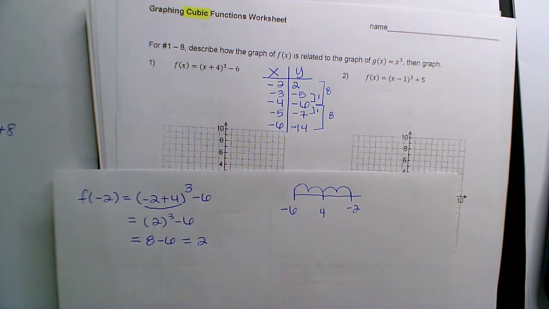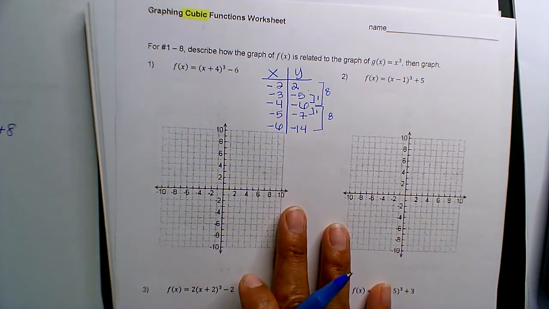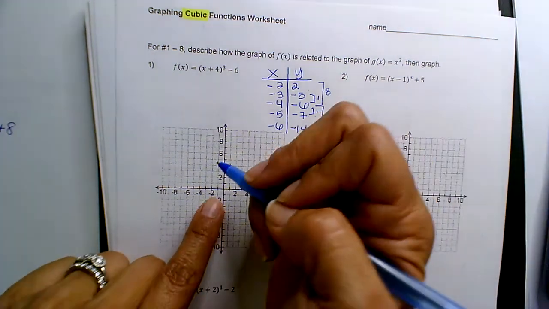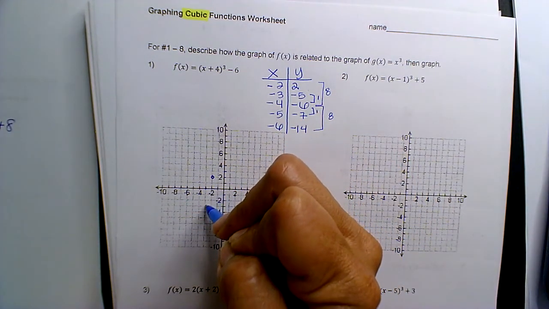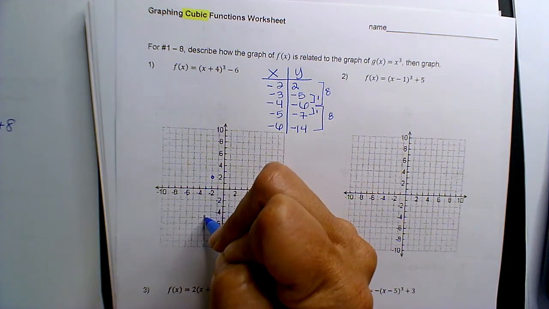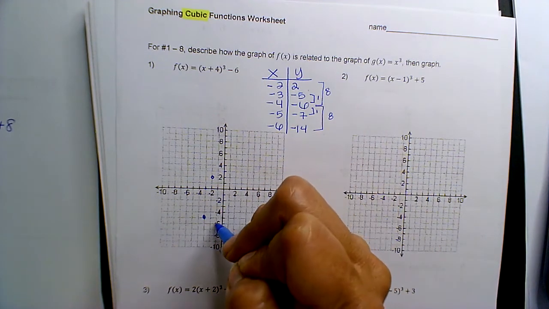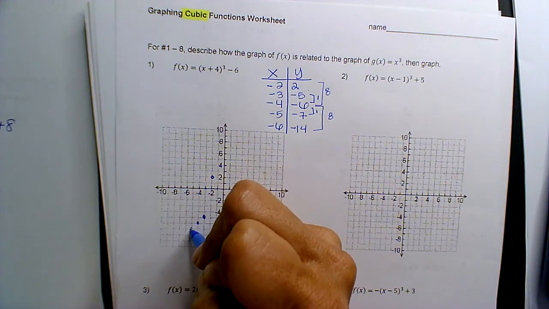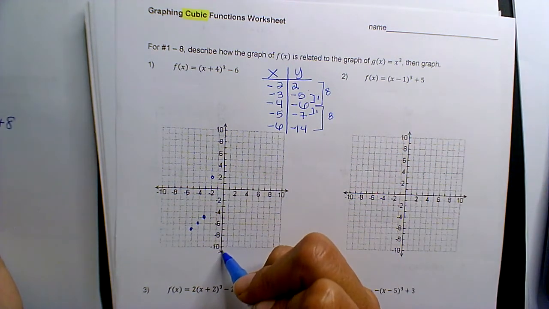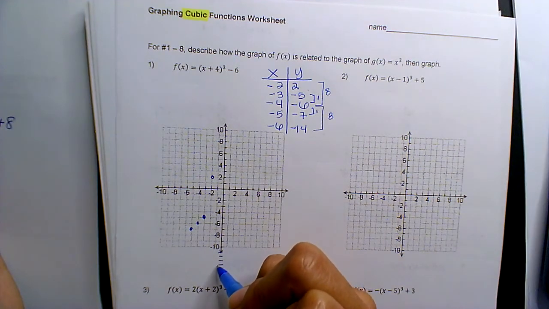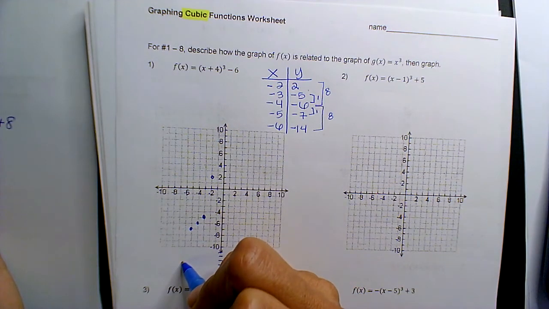Okay, so let's plot. -2, 2, -3, -4, -6. 11, 12, 13, 14. It's fine. If you didn't go all the way down to -14, you're okay.